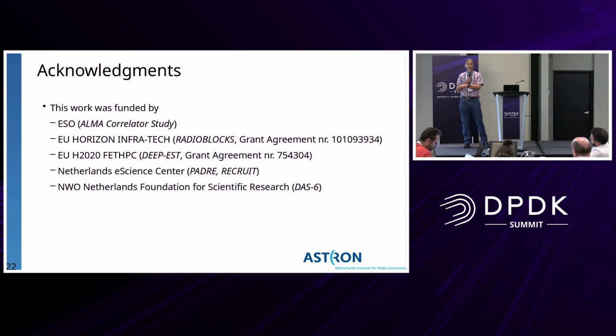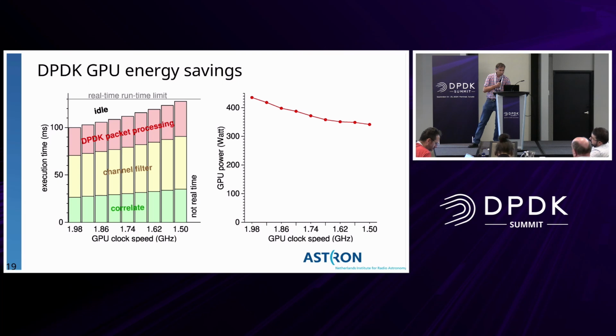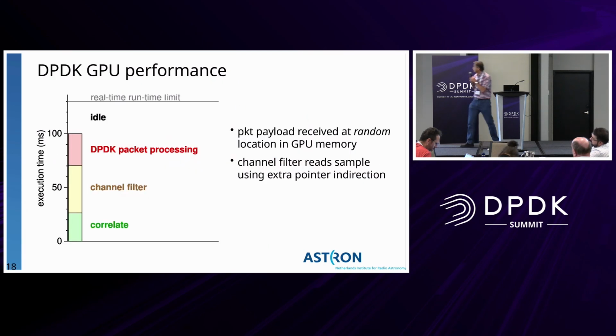And on the GPU, the overhead comes from, oh, sorry, that's one too far. That we have an extra pointer indirection, because if the GPU needs a new sample, it needs to find the place where it can find the sample. And that is through an extra pointer indirection.